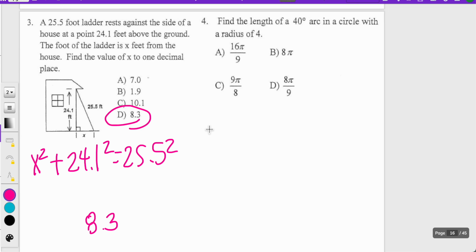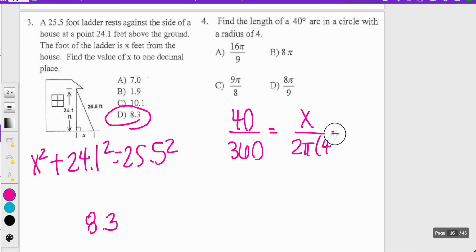Find the length of a 40-degree arc in a circle with a radius of 4. So for this one, that is when we're going to use 40 out of 360, and then that is equal to x out of 2 times pi times radius, okay?